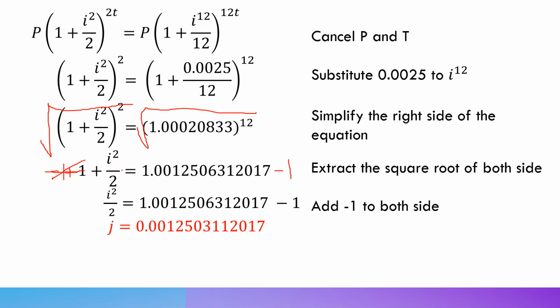So this is our I squared all over 2, 0.001250311217. Why did it become J? Remember, class, our J is equal to I raised to M all over M. And because the teacher deposits her savings every semi-annually, that is I raised to 2 all over 2.